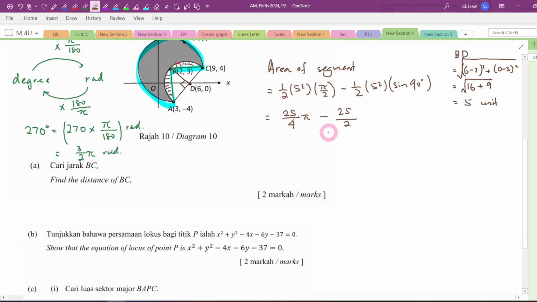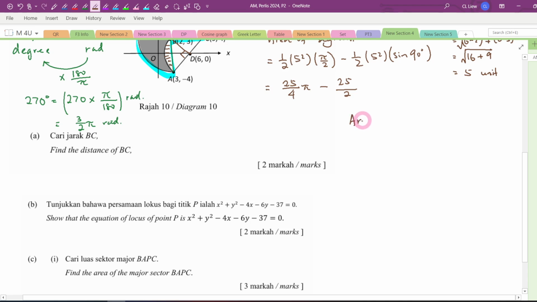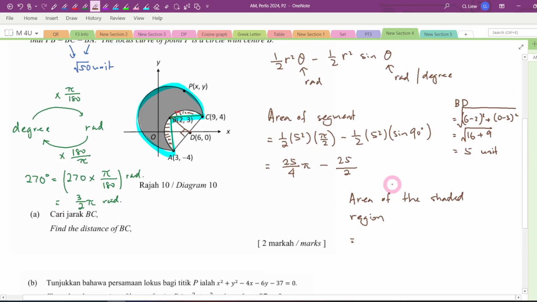Now, we want to show that the area of the shaded region is equal to this, right? So how do we find the area of the shaded region? We use the area of the sector that we got just now, which is equal to 37.5 pi, right? Let me check.